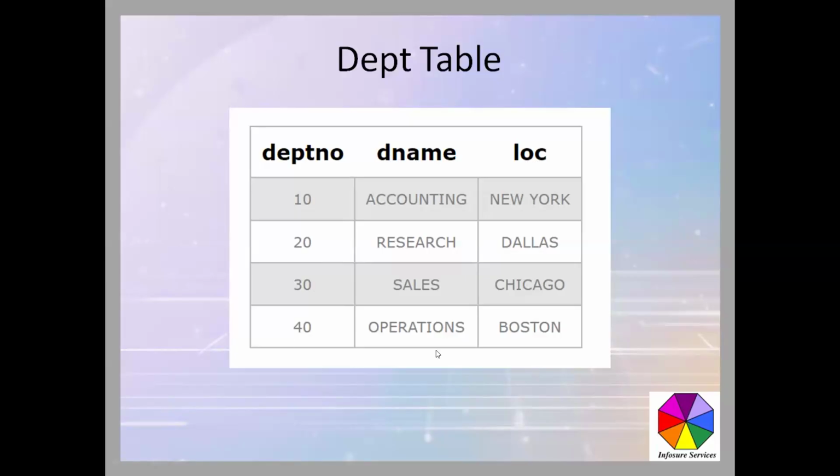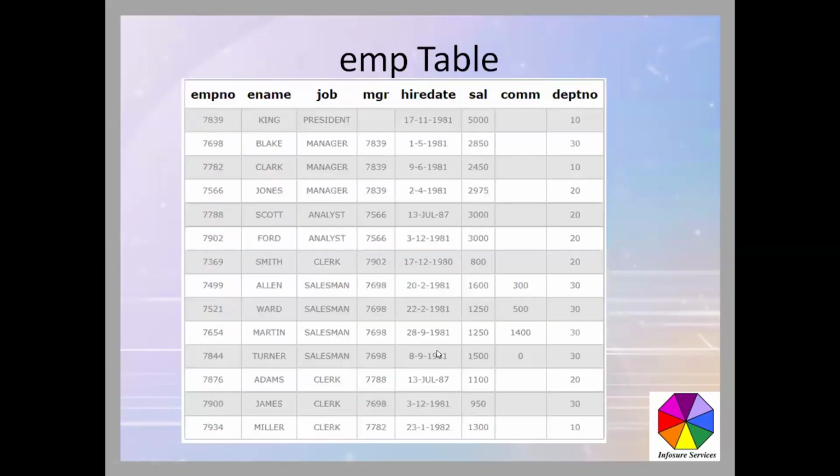So this is how one table looks. And this is an employee table called EMP. And these are the column names there. And there are about 14 records here. So employee number, ENAME for employee name, job, like that.